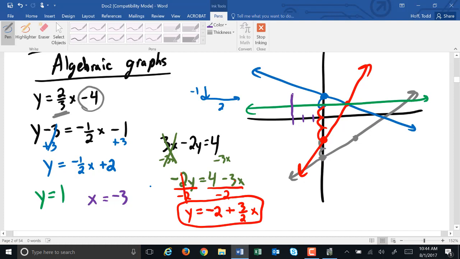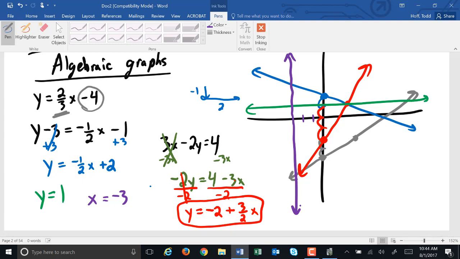Perfect. If y equals a number is a horizontal line, x equals a number has to be a vertical line. It's at negative 3, going vertically. Any questions there?